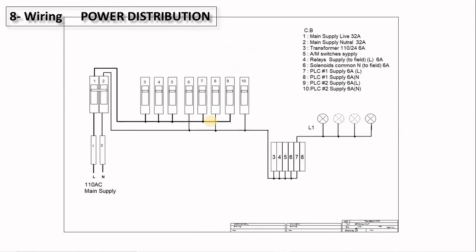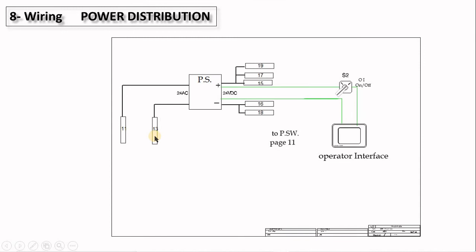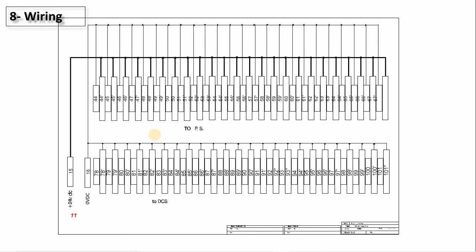Again, you can show the circuit breaker as a circuit breaker, or you can show it as the symbol as we have seen in the previous drawing. Again, for the 24 volt, you can do whatever you like. You feel it's easy for you to do, and it's easy for the guy who's building the cabinet and for maintenance later on.